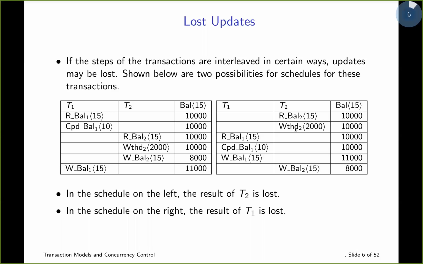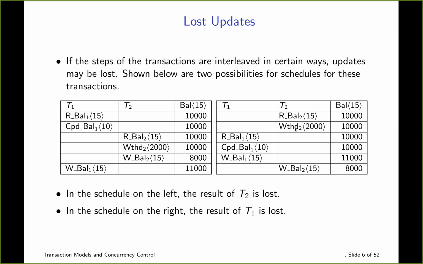All right, now, however, if we allow for concurrency, so we allow both transactions to run simultaneously, we can get what's called the lost update problem. What's happening here is that one of the transactions is doing its write, and then it's getting clobbered by the other transaction.